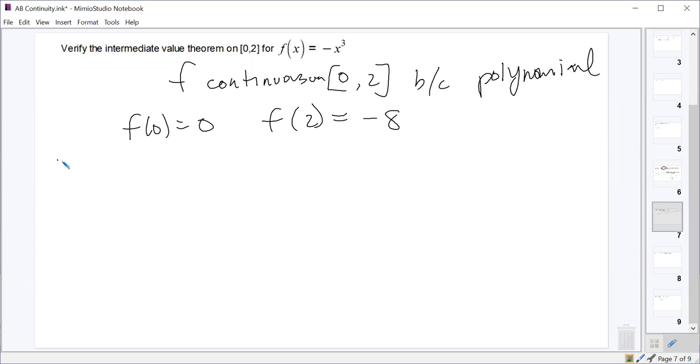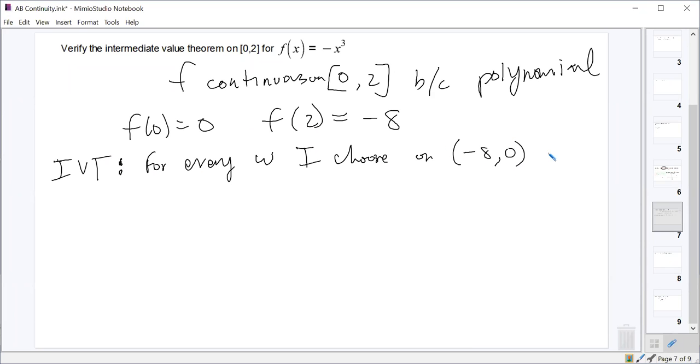So what the IVT says is that for every w I choose on the open interval from -8 to 0, there exists a c value on the interval 0 to 2 so that f of c is equal to w. That's what the intermediate value theorem states.